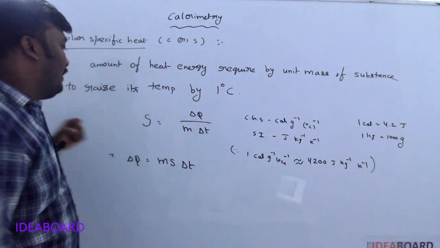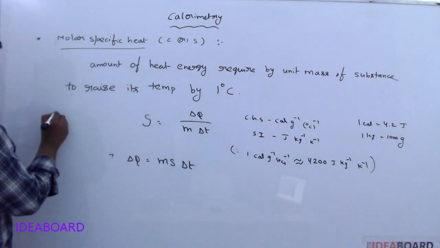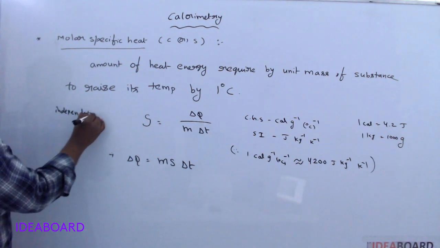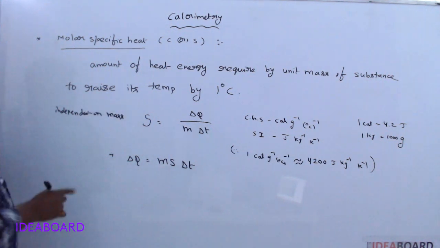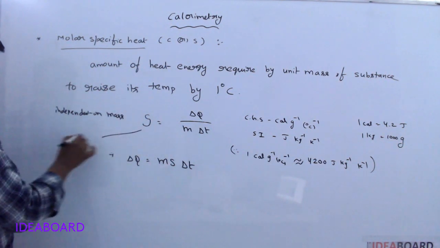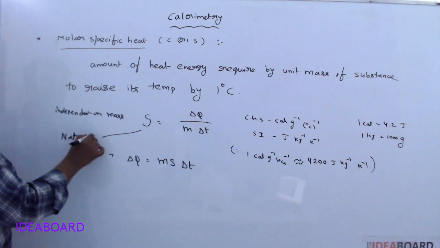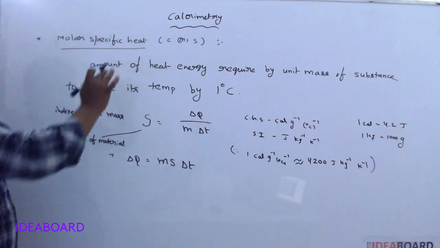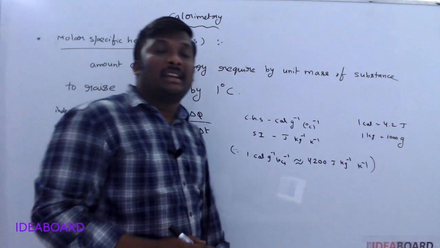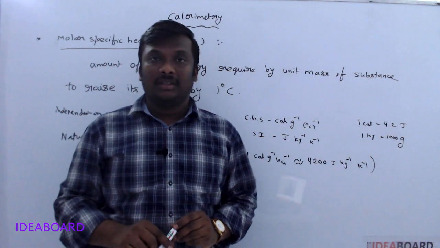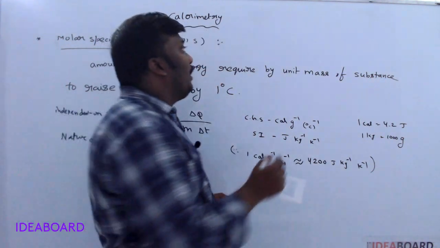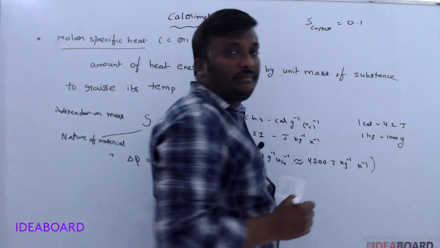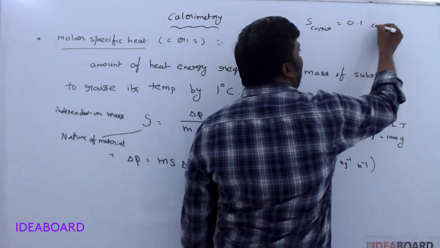Okay. Please keep in mind the specific heat is independent of mass. It depends only on the nature of the material. The word specific indicates particular. So for a particular material, specific heat always remains constant. For example, the specific heat of copper is nearly 0.1 calorie gram inverse degree Celsius inverse.